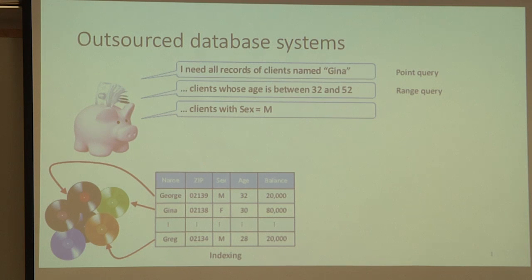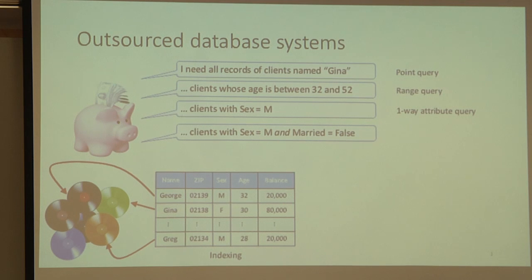Another query might be that we want all the male clients of the bank. In this case, we are talking about a one-way attribute query. And if we want the male clients that are not married, then we have a two-way attribute query. Yes? How are you differentiating between a point query and a one-way attribute query, in that they're both sort of looking for explicit matches on the field?